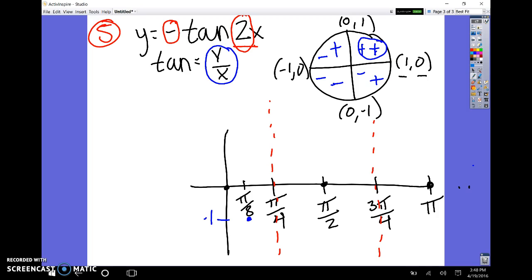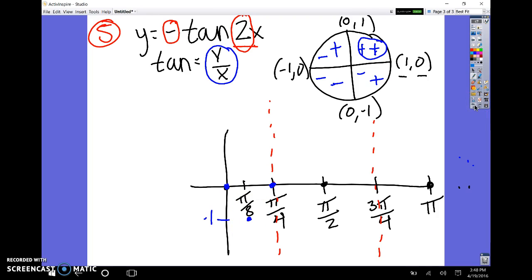So between 0 and pi over 2, or our first quadrant marking, this first chunk of the graph, we would expect it to be somewhere up here in the positive range, right? So why isn't our graph up there? Why is our point down there? Well, we had a transformation, right? We had to flip over the x, which means our graph is now going to be down here. So you've got to think about it in terms of where it's going to be in standard position, and now where it's going to be after that transformation.